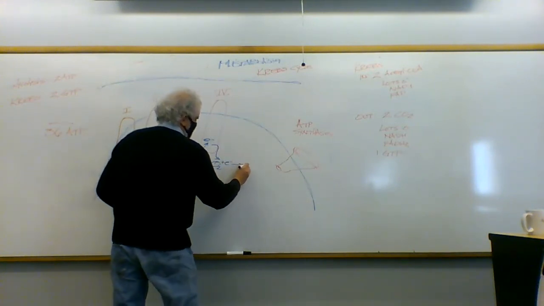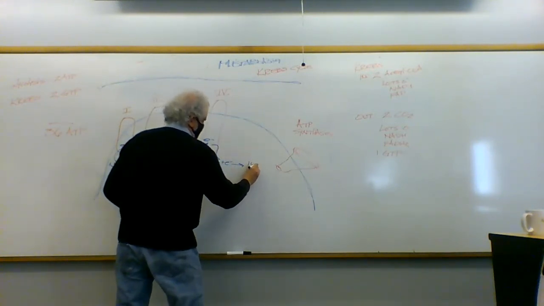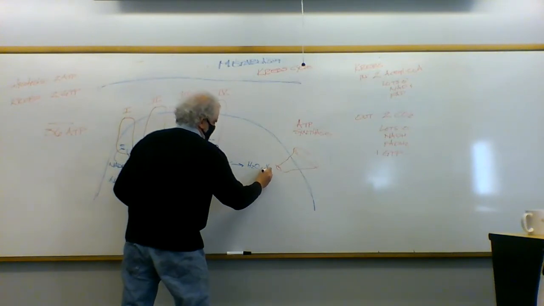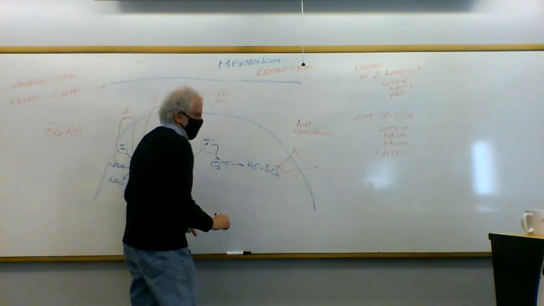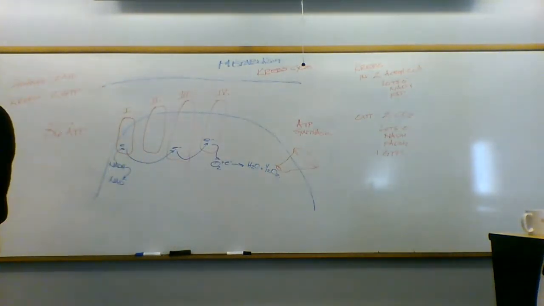And that is where we now make a molecule of water and the half diatomic oxygen molecule. And actually, that is the end of the game. Elvis has left the building. The carbon that we brought in is out, and most of the electrons have now been dumped onto oxygen to generate water.